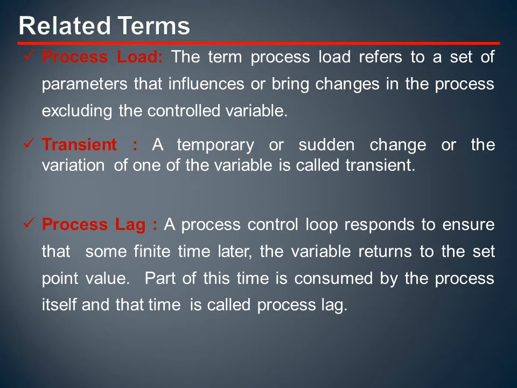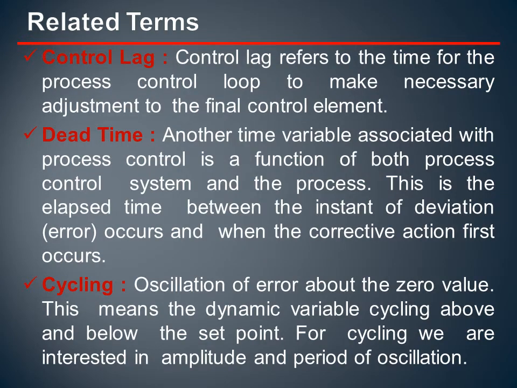So the time or the delay required for the process is called process lag. Control lag. Control lag refers to the time for the process control loop to make the necessary adjustment to the final control element.